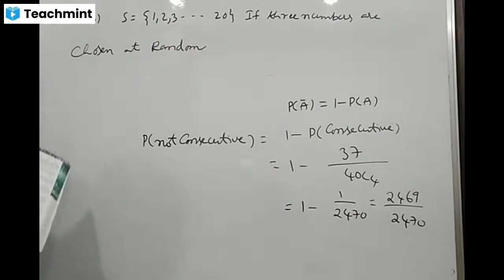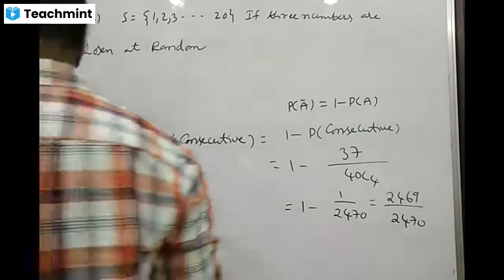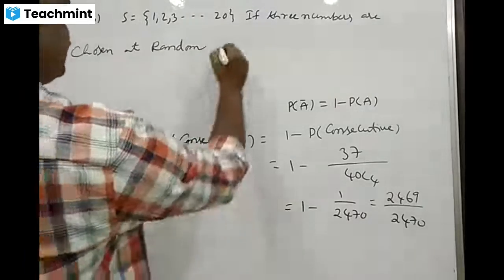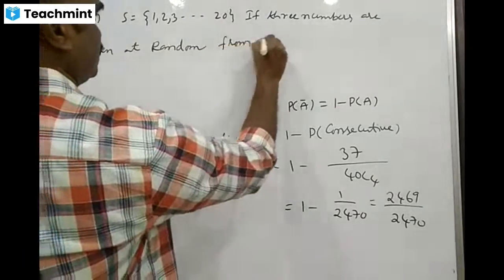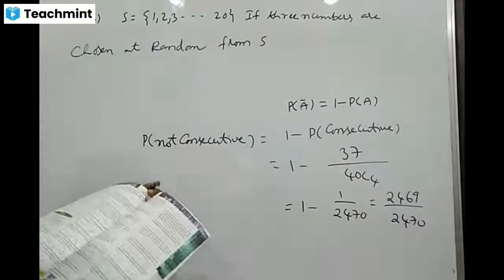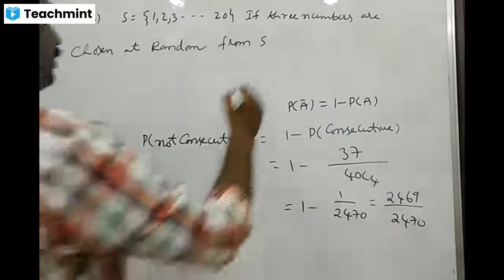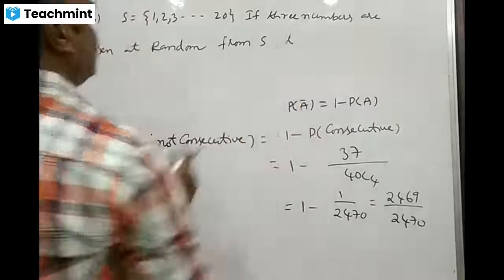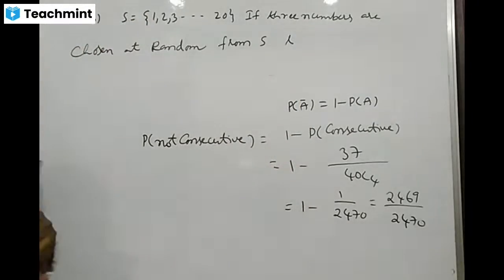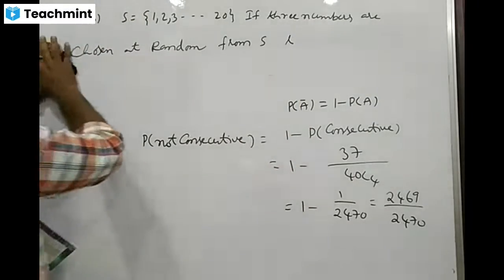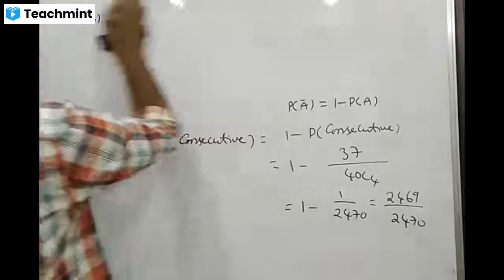If 3 numbers are chosen at random from S, find the probability that they are in AP. Friends, in the previous question we did similar problems. Okay, friends, this is AP.